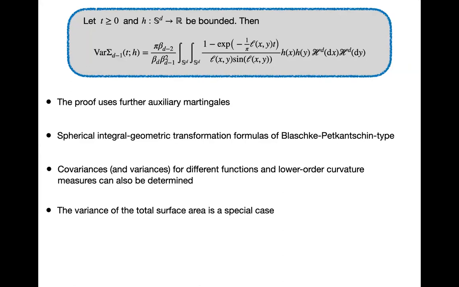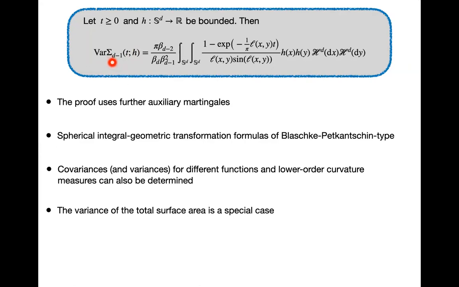So we look at variances, and we look at the variance of the sigma_{d-1} functional. So you integrate your function h in the splitting tessellation Y_t against this (d minus 1)st spherical curvature measure.